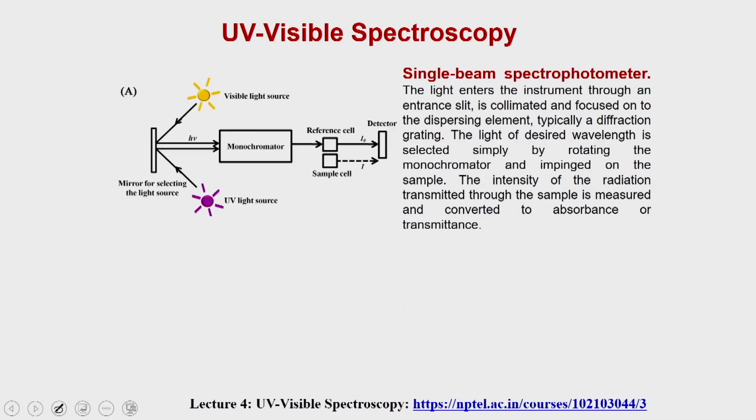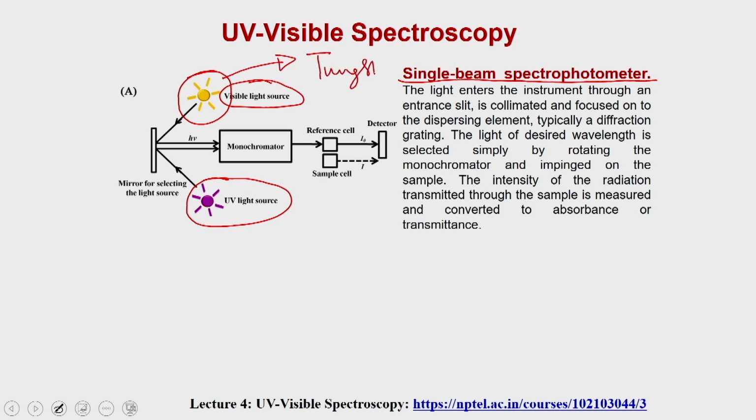The simple UV visible spectrophotometer could be a single beam UV visible spectrophotometer, where you have a light source. You can have two light sources, one for visible light and another for UV light. For visible light you can have a simple tungsten bulb, like the bulb you have in your home, whereas for UV light you can have D2 lamps or xenon lamps.